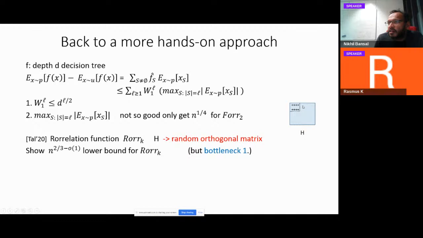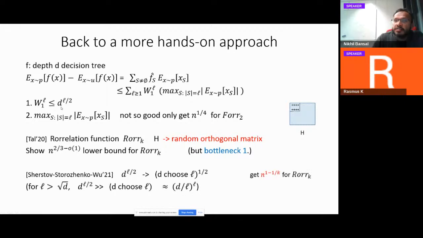A random orthogonal matrix has this nice property that you don't have big blocks of all ones or all -1s, so you can bound this number, and he could push this gap all the way to n to the 2/3 for the row relation function, because this bottleneck didn't bother him. But this bound was still a bottleneck.